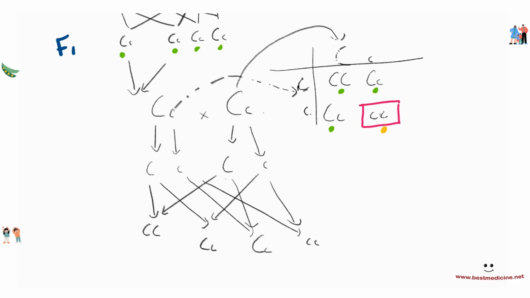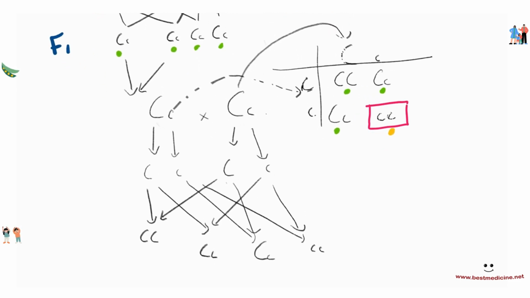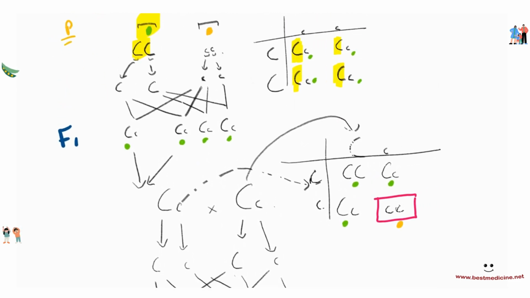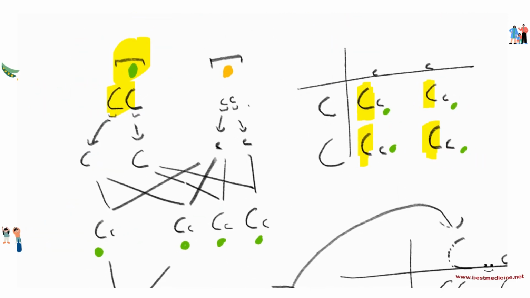Some terms that we're supposed to know now, and you need to pay very close attention to this. When we have 2 alleles that are the same, we have 2 similar alleles, we call that homozygous.